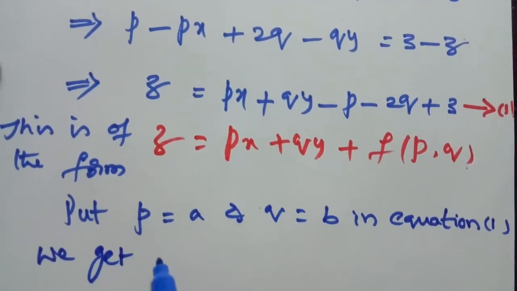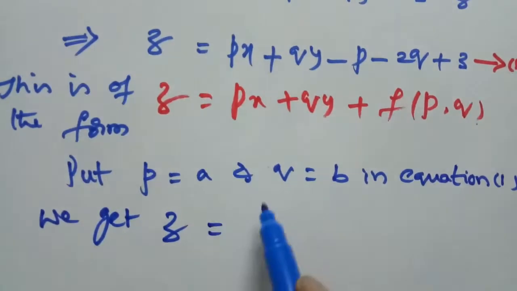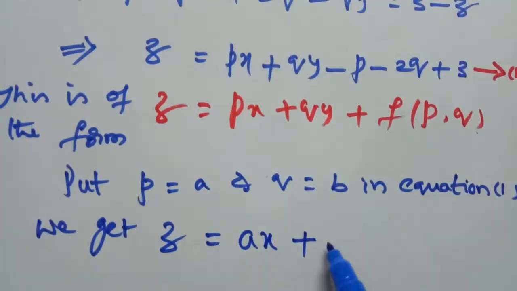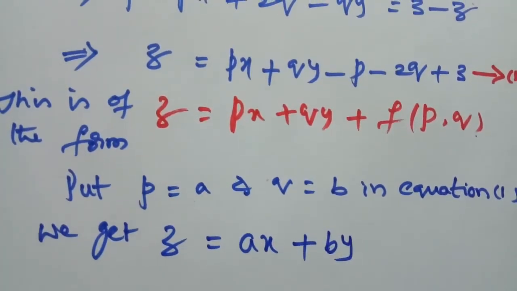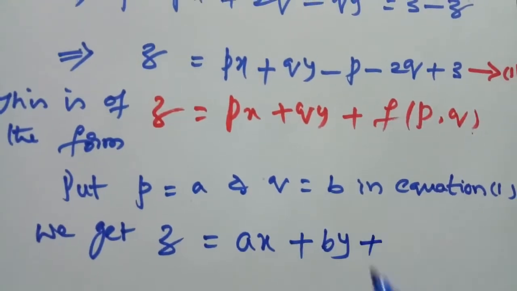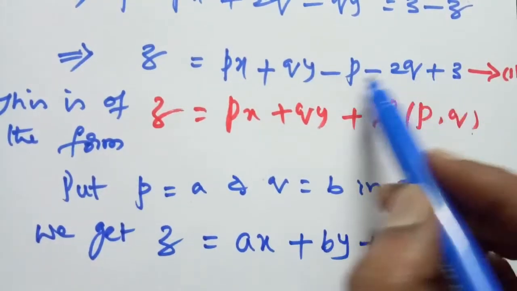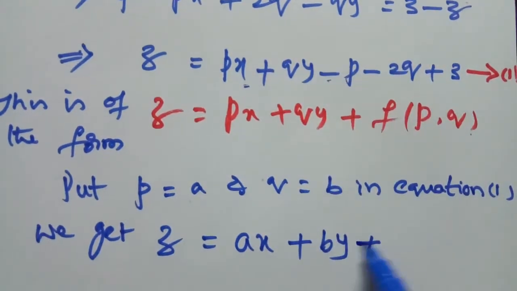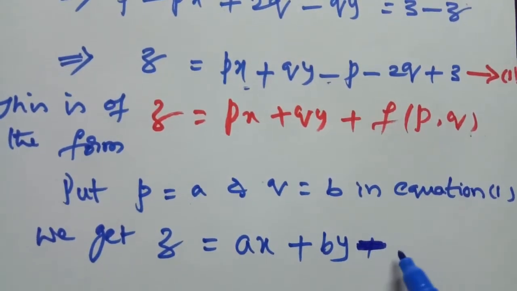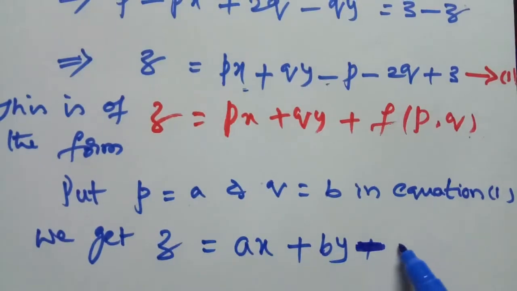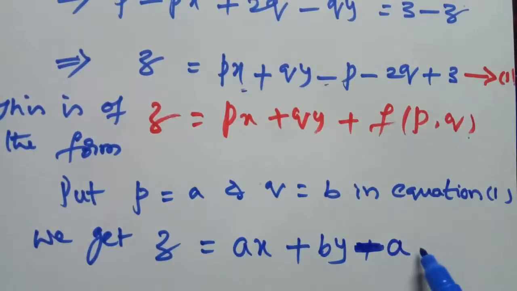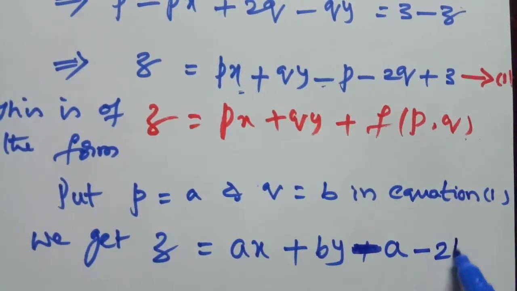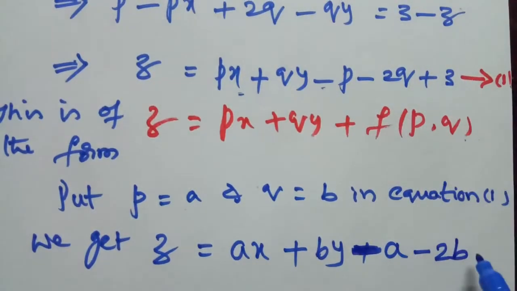We get z is equal to ax plus by minus p, that means minus a, minus 2q, that is 2 into b, plus 3.